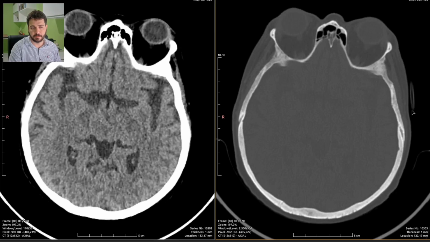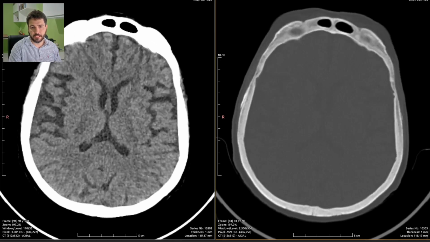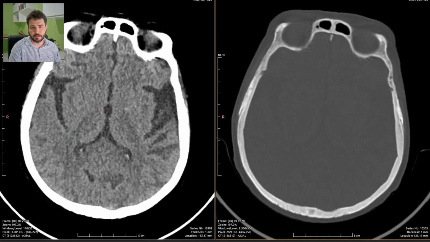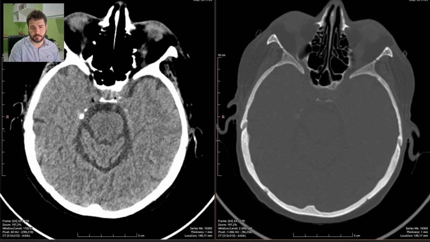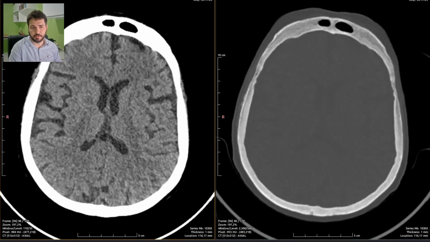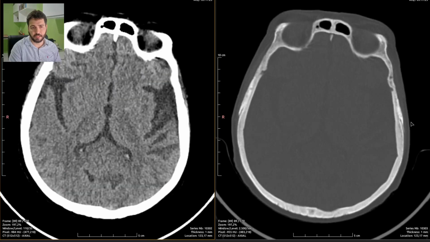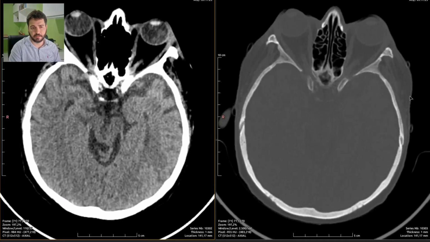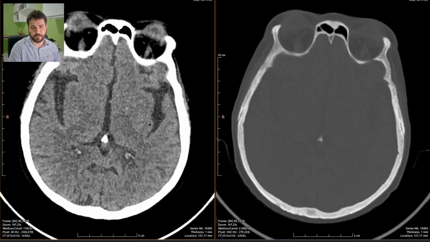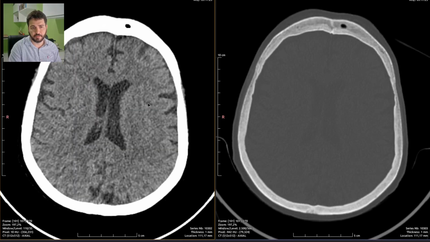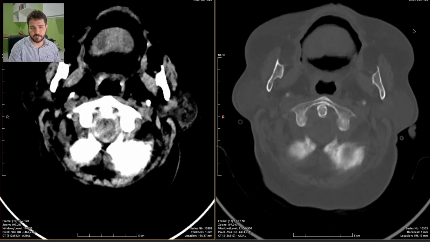So there are slight, tiny, little degenerative disease signs, some atherosclerosis of the internal carotid arteries. Also, the brain is reduced in size, and there is a little compensatory enlargement of the ventricular system.